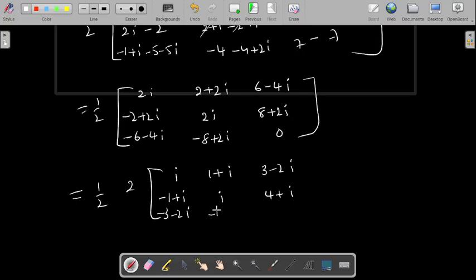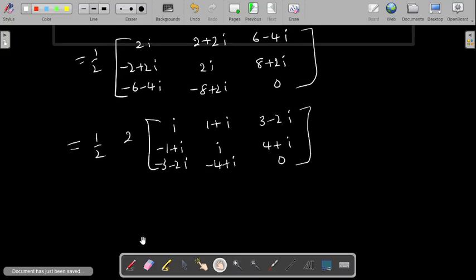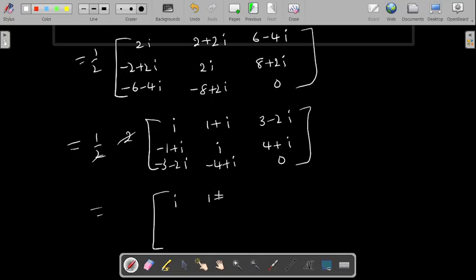Next minus 4 plus I, 0. So these two get cancelled. I, 1 plus I, 3 minus 2I, minus 1 plus I, 4 plus I, minus 3 minus 2I, minus 4 plus I, 0. This is the S matrix.